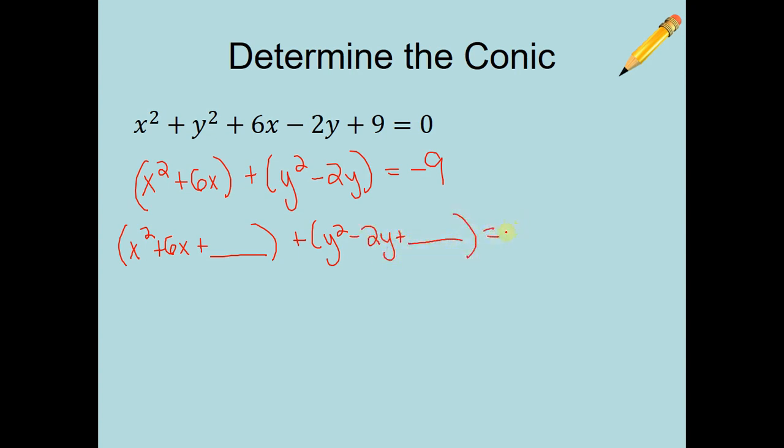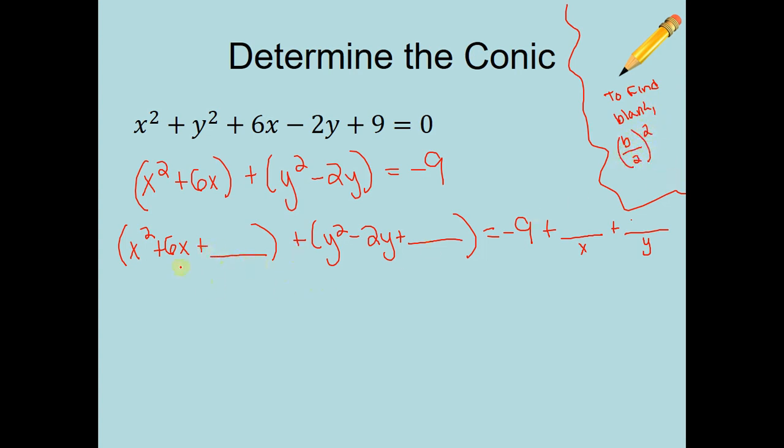Now here's the thing. On the right hand side, we're actually going to have 2 blanks. So we're going to have a blank for whatever I put with the x's, and a blank for whatever I put with the y's. So, to find the blank, little side story here: you want to take your b term, divide it by 2, and square it.